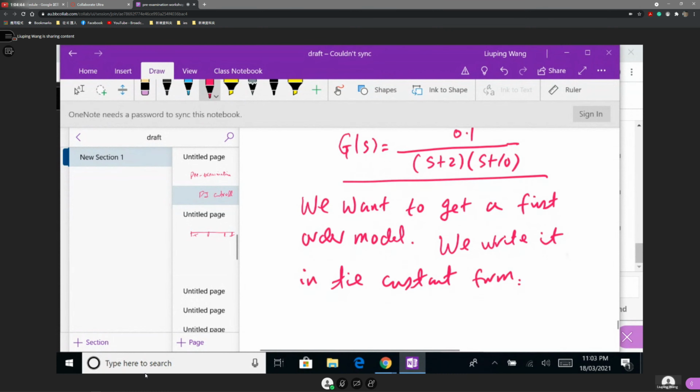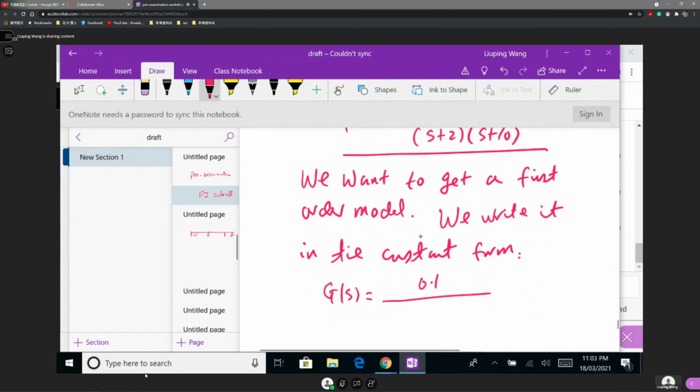So what do I mean by time constant? So this one, G of s, right, equal to 0.1 over (s plus 2)(s plus 10). So what I'm going to do, I take the 2 out, and then the 10 out, right?